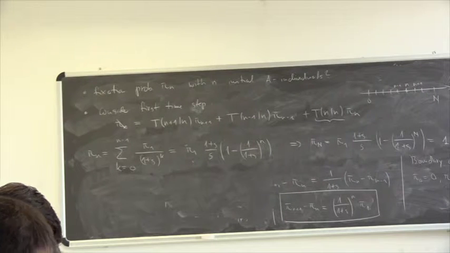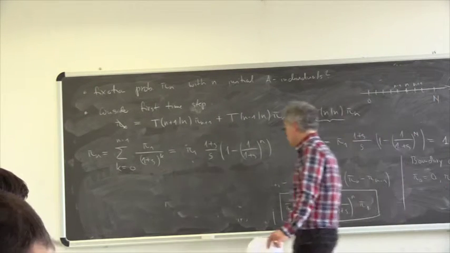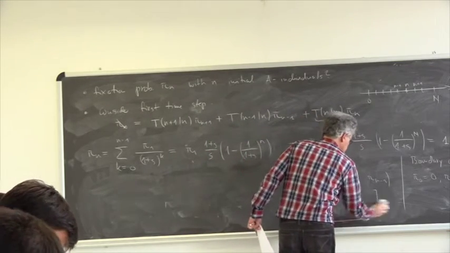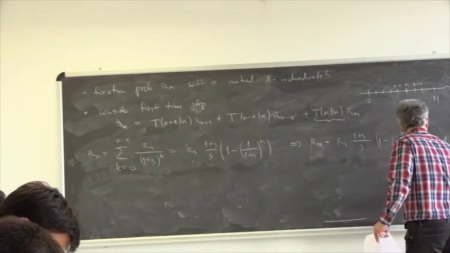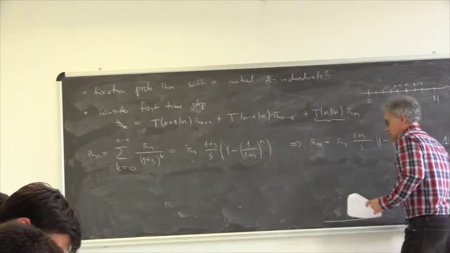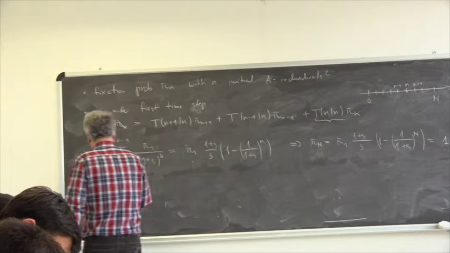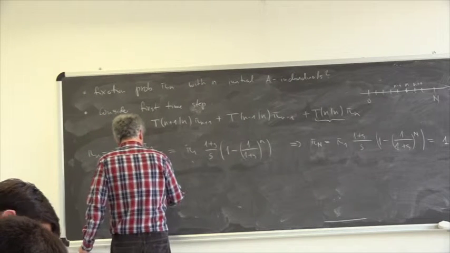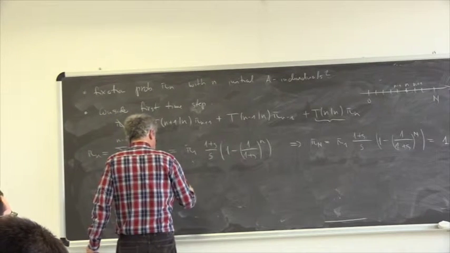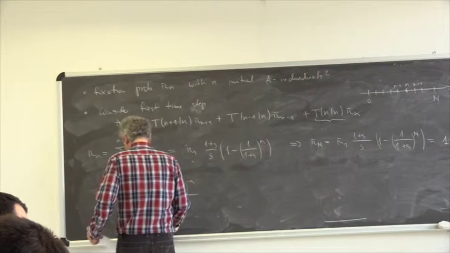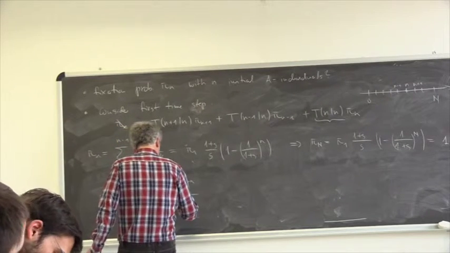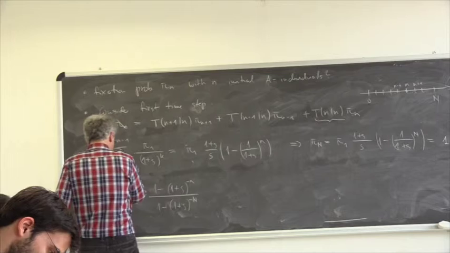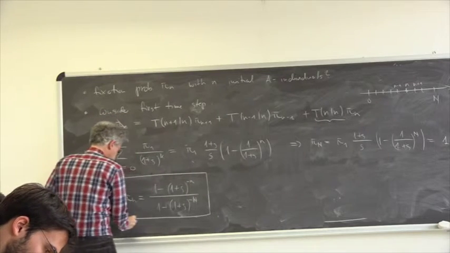So that fixes pi 1. And then we're finished. So the final result is the following. So this is the final result for the fixation probability.